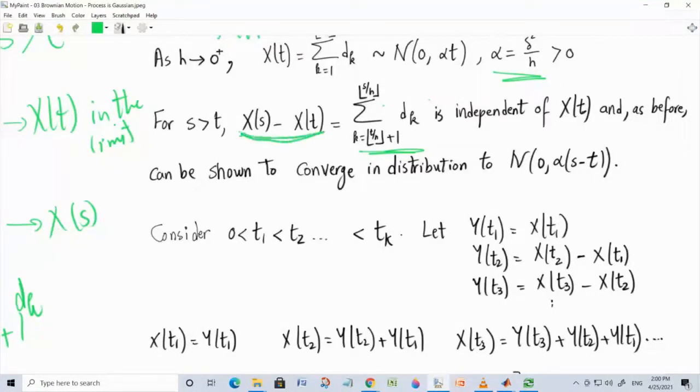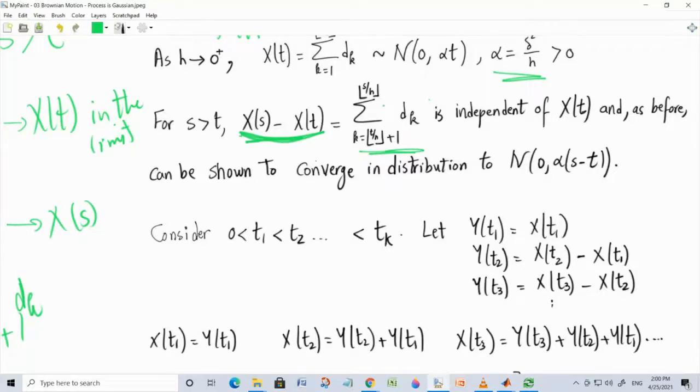But the nice thing is that every step in x of s minus x of t is independent of the steps in x of t. And so the idea is that x of t and x of s minus x of t, for s greater than t, are independent.